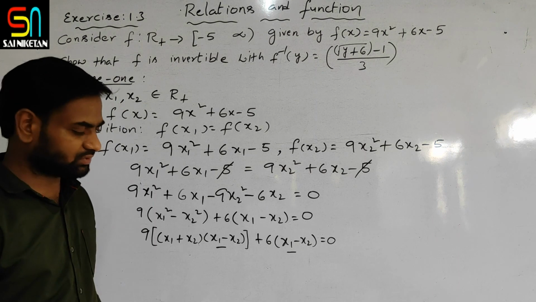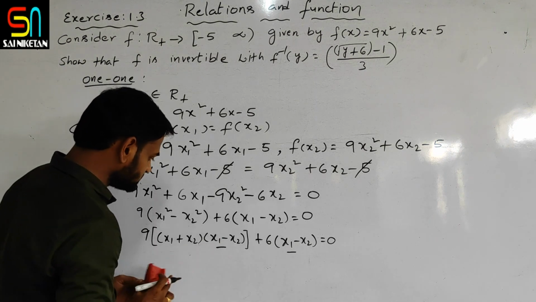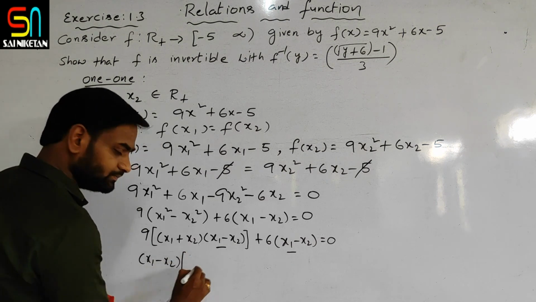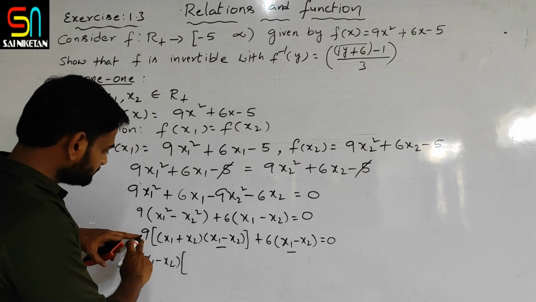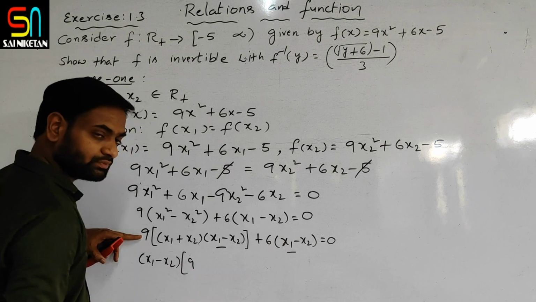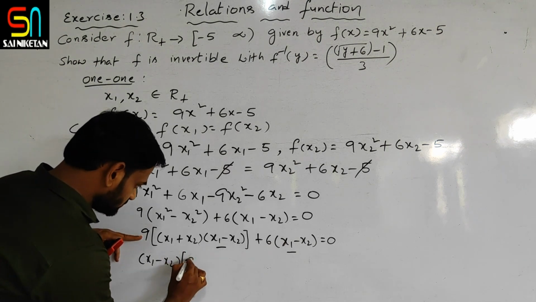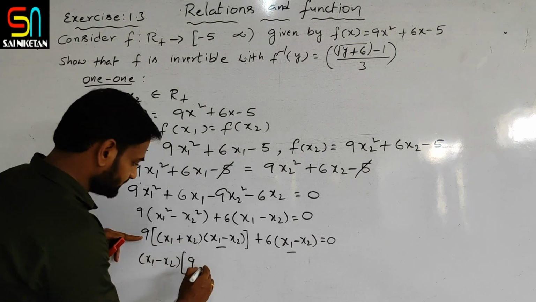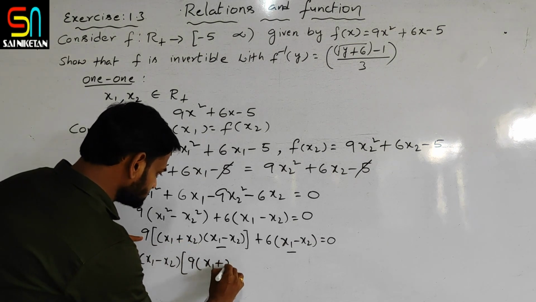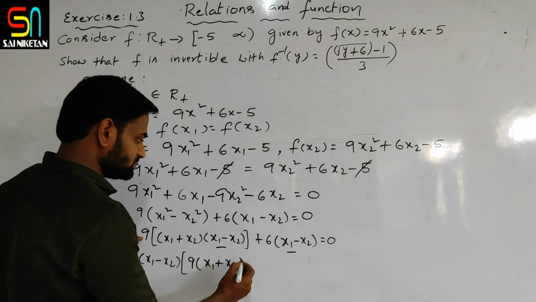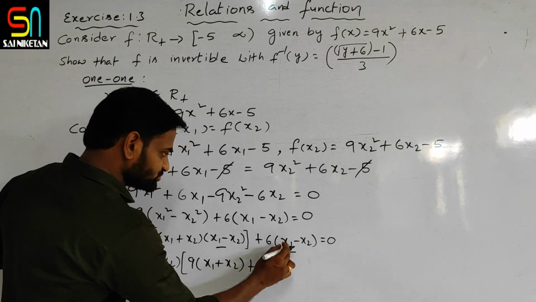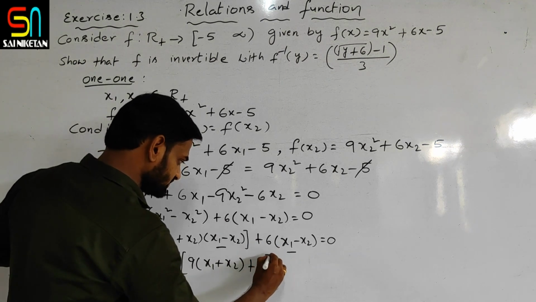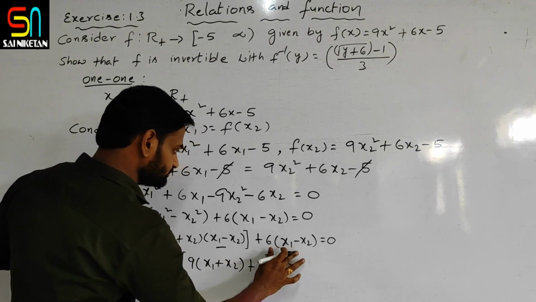That is the common term. So I am taking x1 minus x2 common. Now what is remaining here? 9 is remaining, and x1 plus x2 also remaining. Next, plus 6 is remaining, so x1 minus x2 into 9 times x1 plus x2 plus 6 is equal to 0.